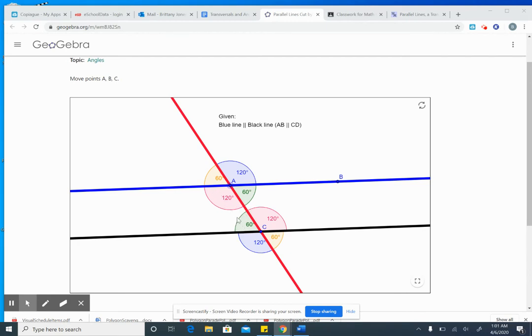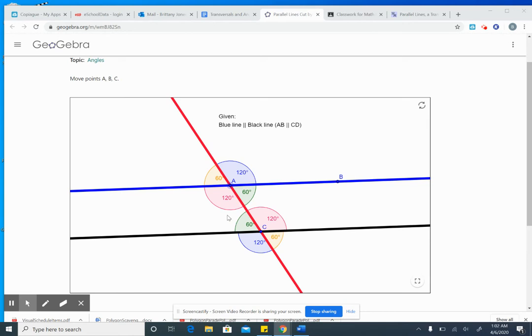These two angles that I'm pointing at, they add up to 180 degrees. They are on the inside of the parallel lines, and they're on the same side of the transversal. So those are called consecutive interior angles.